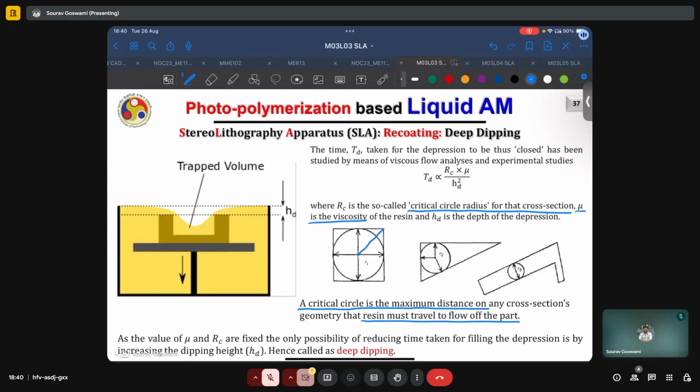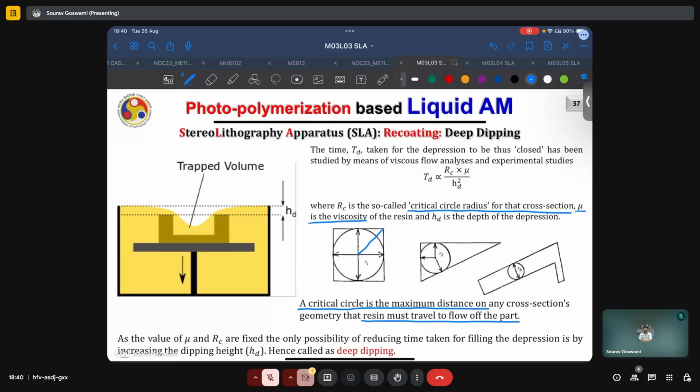Since for a given resin material the value of mu will be fixed, and once your CAD geometry has been finalized, the value of the critical radius in its cross section for each layer will also be fixed, the only possibility for reducing the time taken for filling the depression is by increasing the dipping height, as we saw that Td is inversely proportional to the square of Hd.